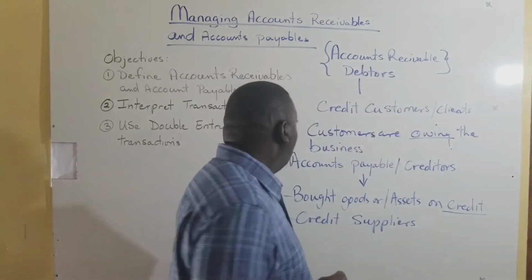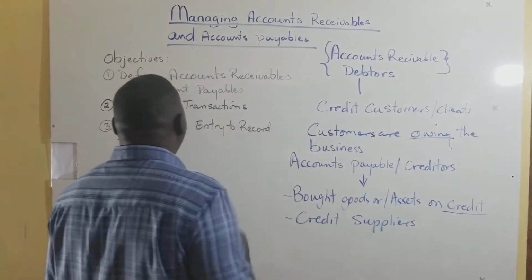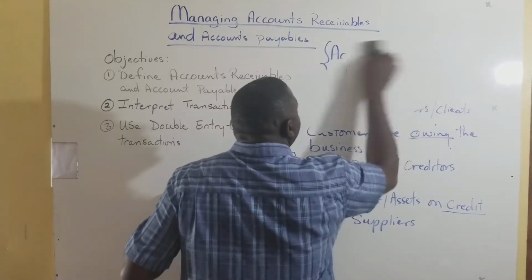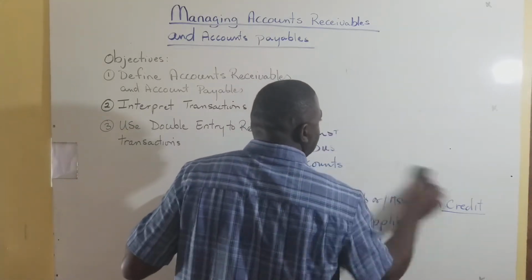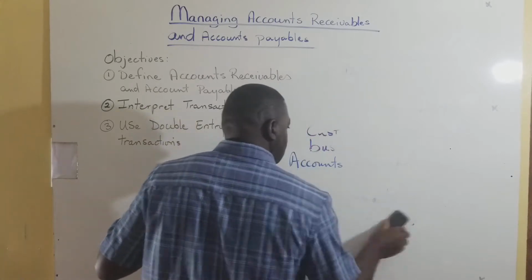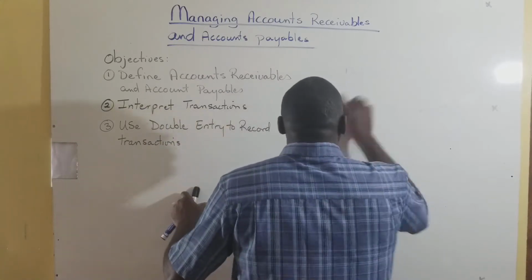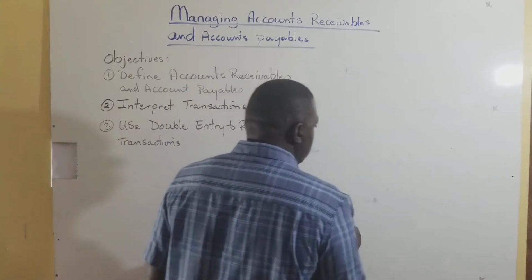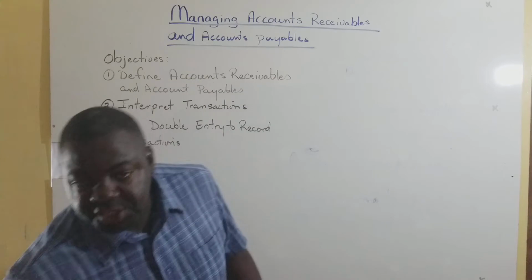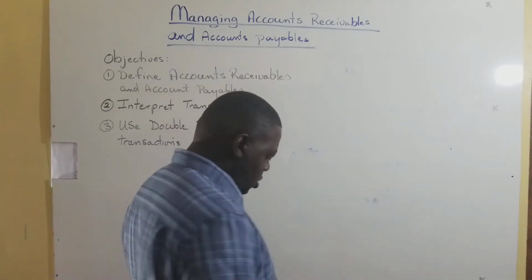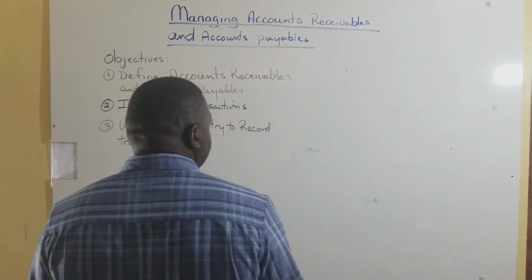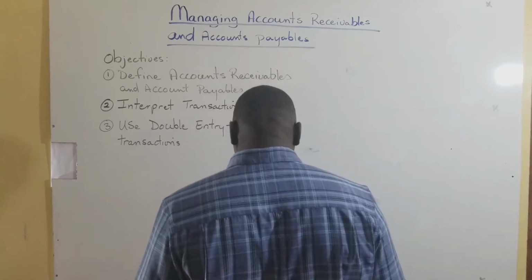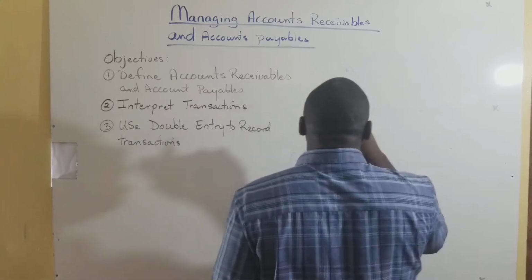All right, let's go on now to our second objective. That is to interpret the transactions. So let's deal with some transactions. Now, first of all, we're going to look at a transaction relating to our creditors.